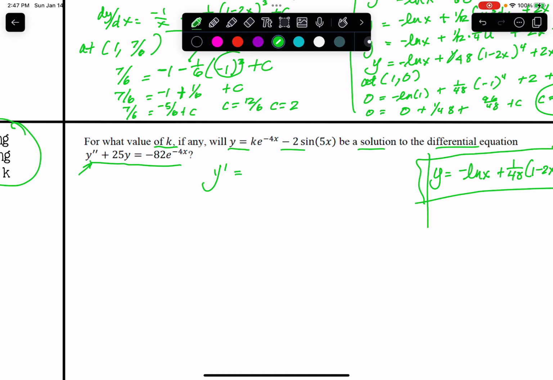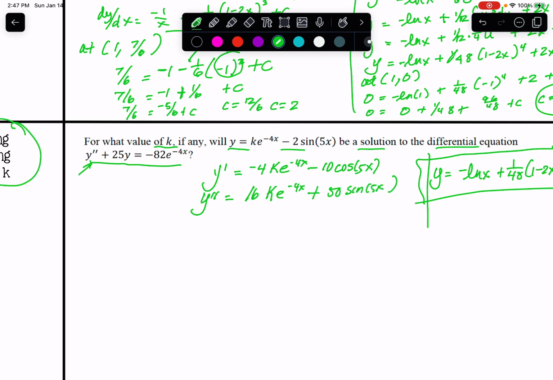Y prime would equal negative 4 k e to the negative 4x minus 10 cosine of 5x. Just taking the derivative. And so y prime prime would equal 16 k e to the negative 4x, minus, but plus, I'm going to take the derivative of cosine, which is negative sine, so plus 50 sine of 5x.